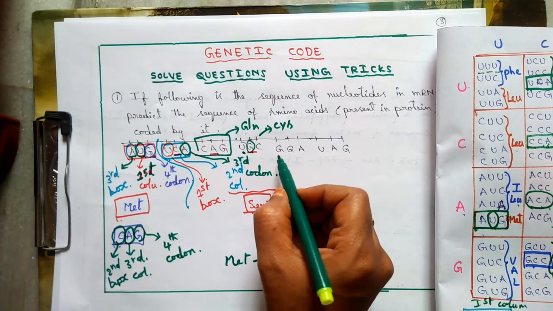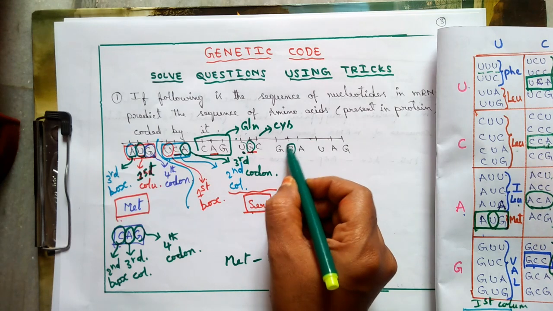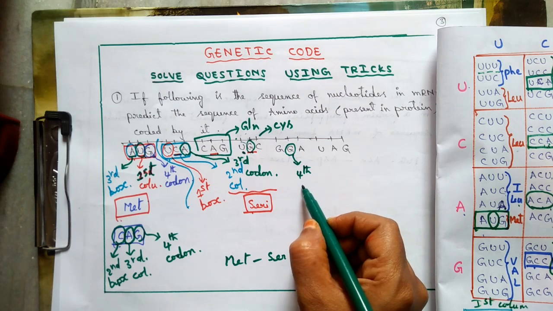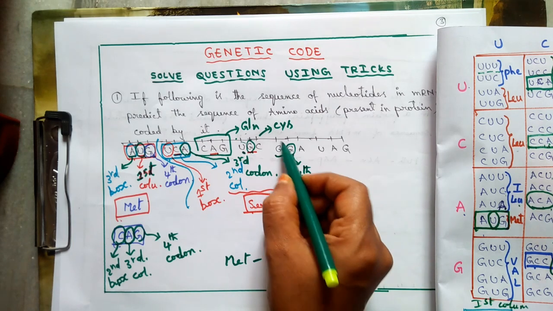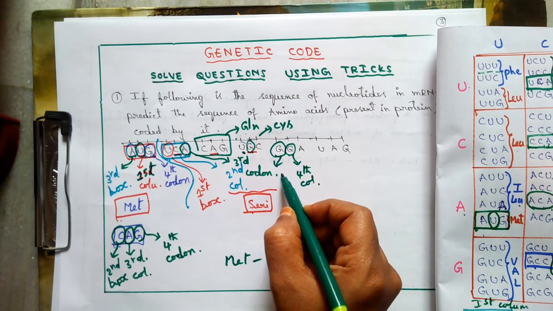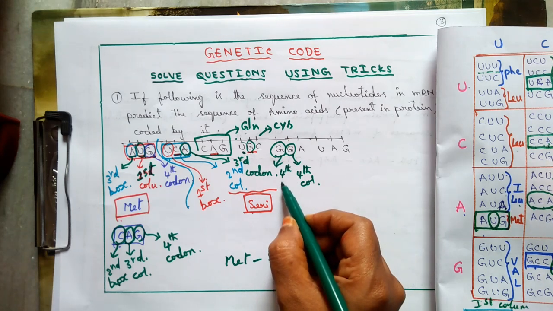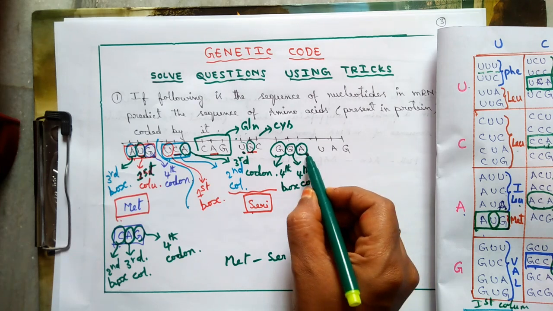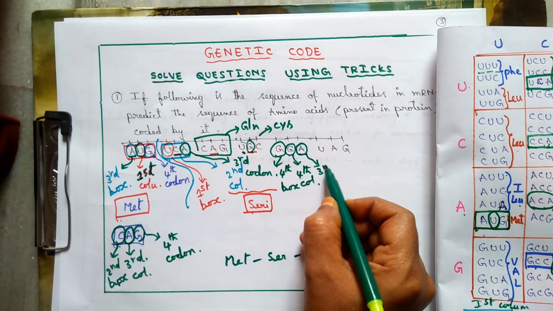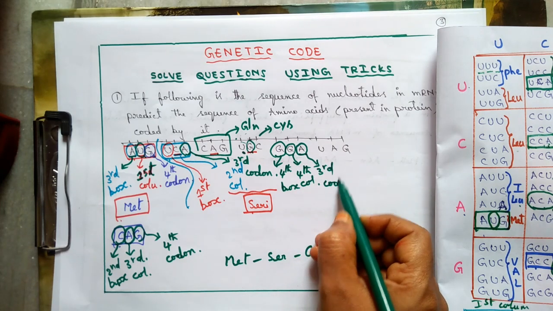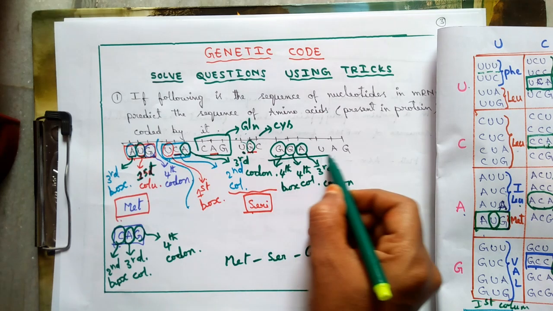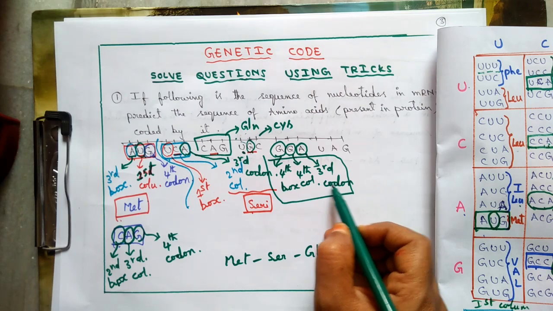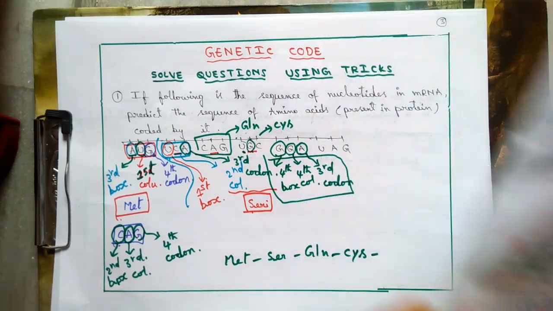CYS. Next, GGA. G means the fourth column. The second base is again G, so the fourth box. The last base A is the third in UCAG, so this is the third codon present in the fourth box of the fourth column.